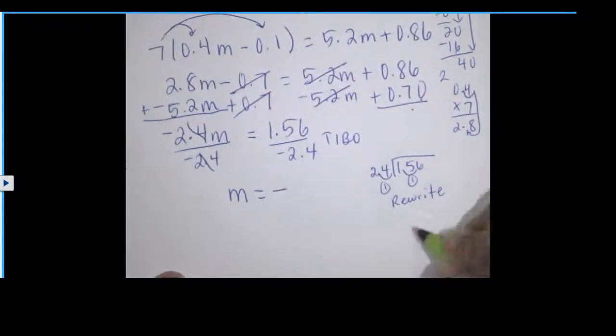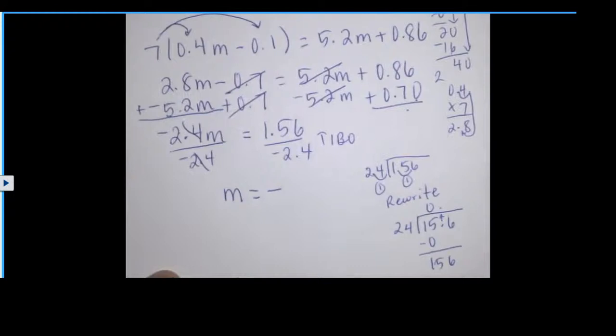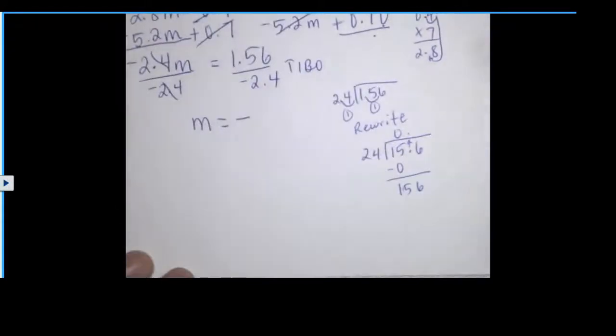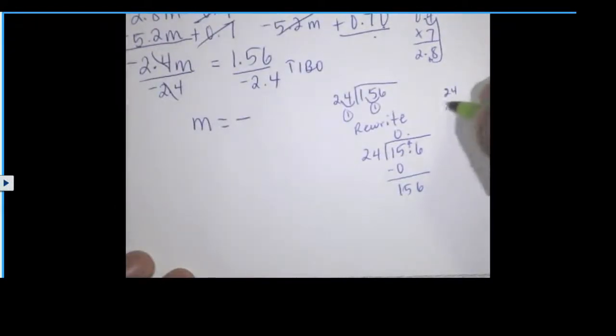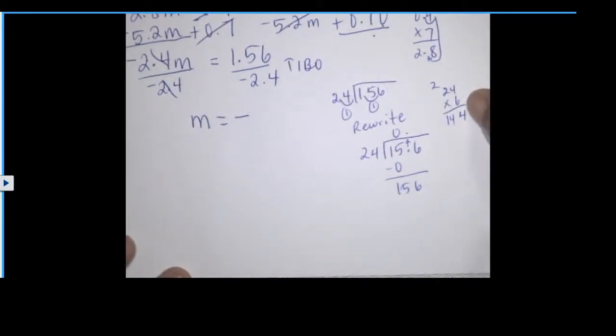So this becomes 24 being divided into 15.6. Bring the decimal up, goes in there 0 times 156. And scratch work, I've done it previously, but I think I should do 24 times 6 to try that out. And that gives me 4, 2, that's 144. If I add another 24 to this, I'll get 168, and I'll overshoot it. Yep.